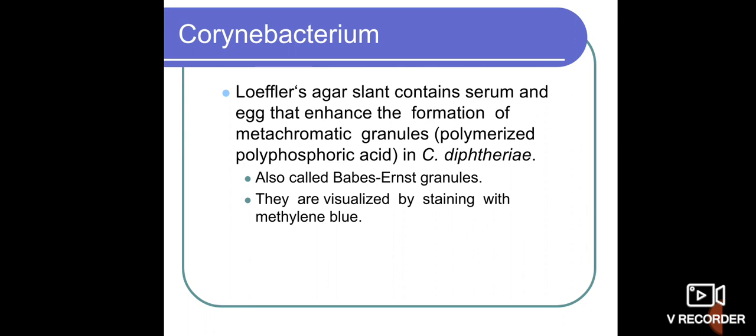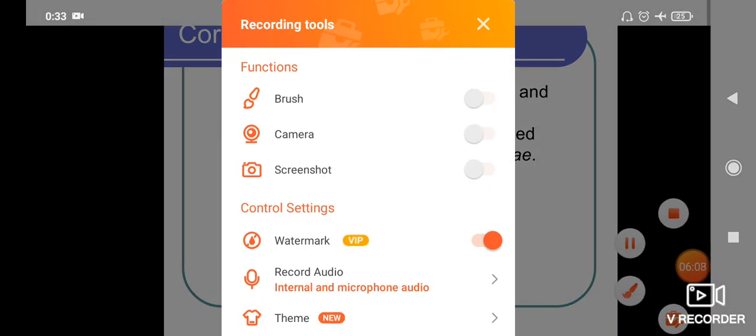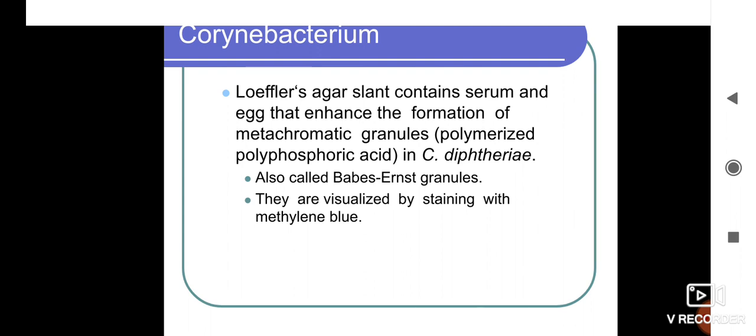Now, culture characteristics. The screen shows the Loeffler serum slope, a specific media for growing Corynebacterium diphtheriae, on which the colonies can appear within 6 to 8 hours.